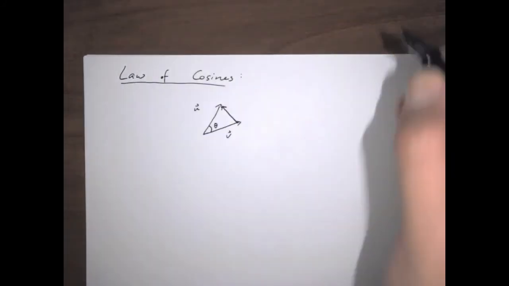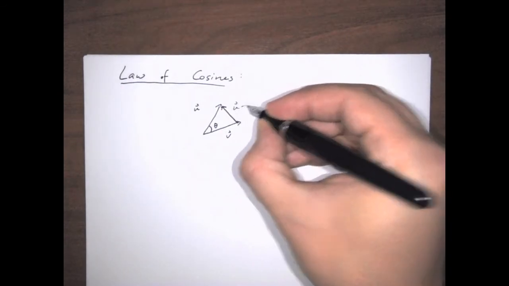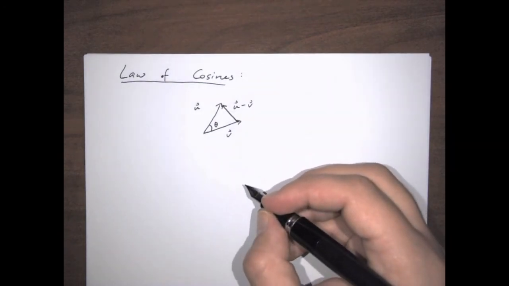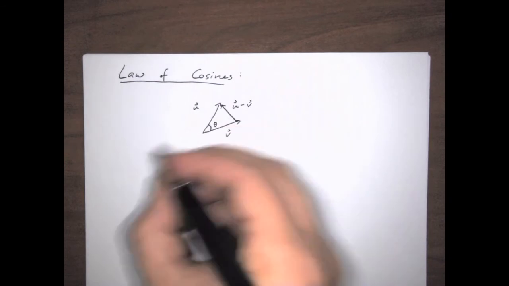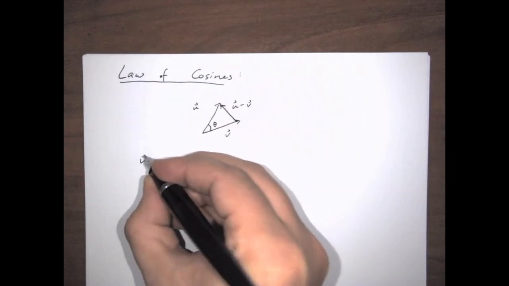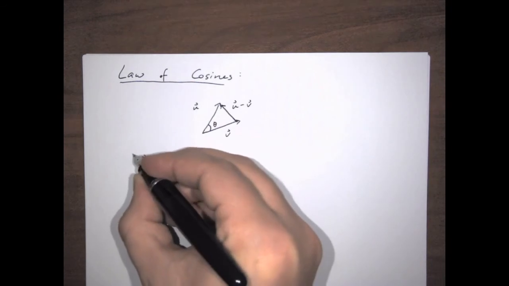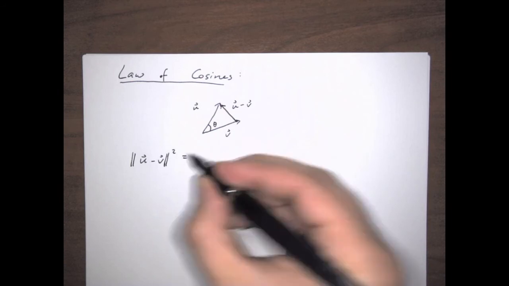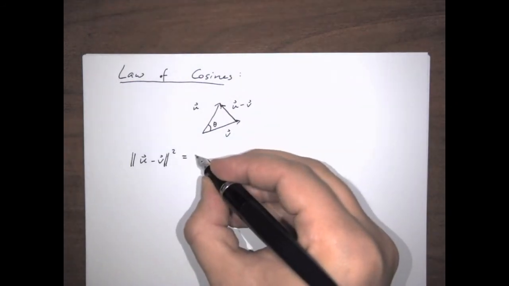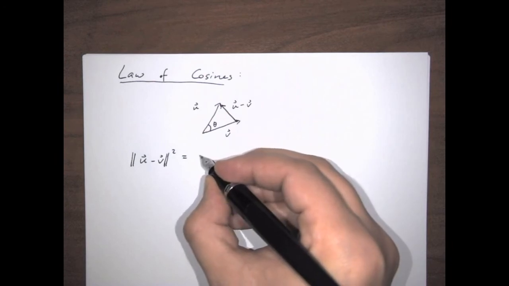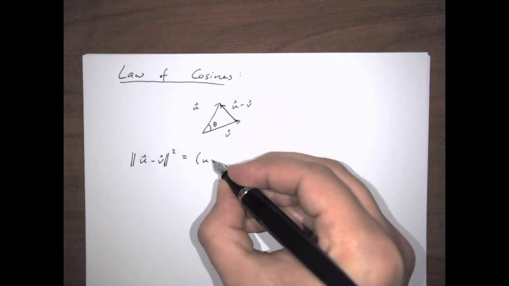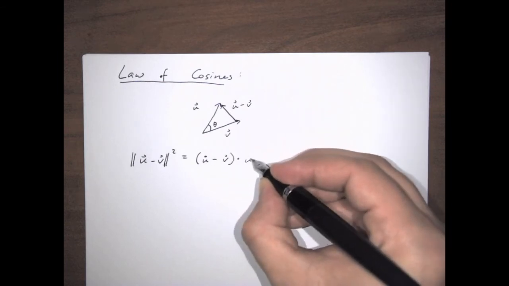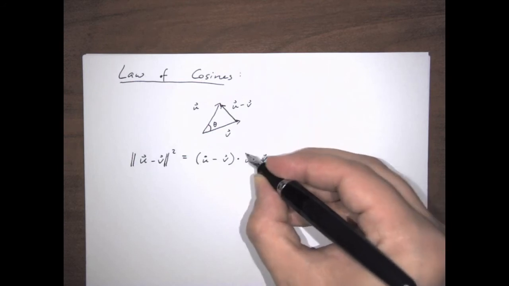But that's not really so important, because we're going to be taking magnitudes of all of these. So if I want the magnitude of u minus v, this is going to be equal to u minus v dot u minus v.